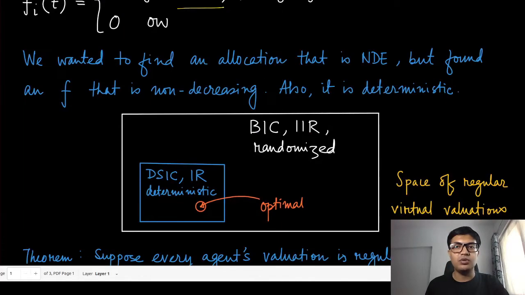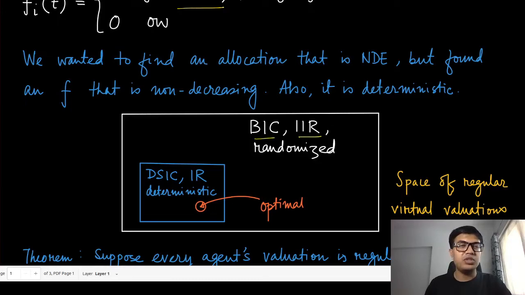Now, one observation that we can make is that we actually started to find the mechanism which is non-decreasing in expectation. That means we were actually trying to find some randomized mechanism which satisfies this property of BIC and IIR.